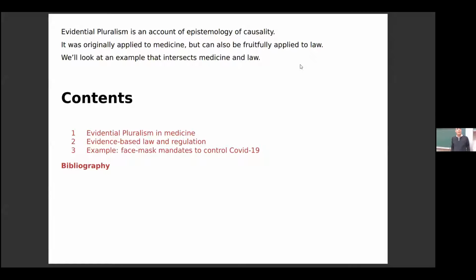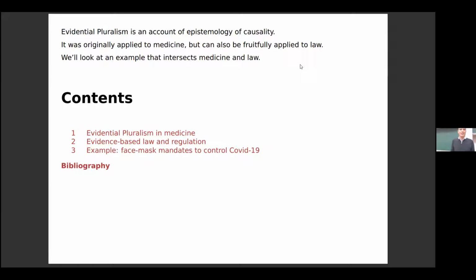Evidential pluralism is an account of the epistemology of causality. It was originally applied to medicine, and I'm interested at the moment in applying it to law. I'm going to provide a general introduction to evidential pluralism as a specific theory, because a couple of other talks touch on it later today, and I figured I'd save them a bit of time.